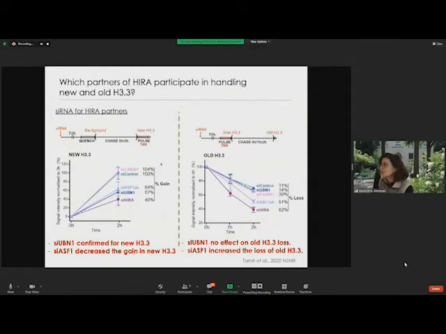But now, looking at old H3.3, to our surprise, the siRNA against UBN1 had no effect on H3.3 loss, and the siRNA against ASF1 was the sole one giving rise to a loss of old H3.3 as compared to the siRNA for HIRA.